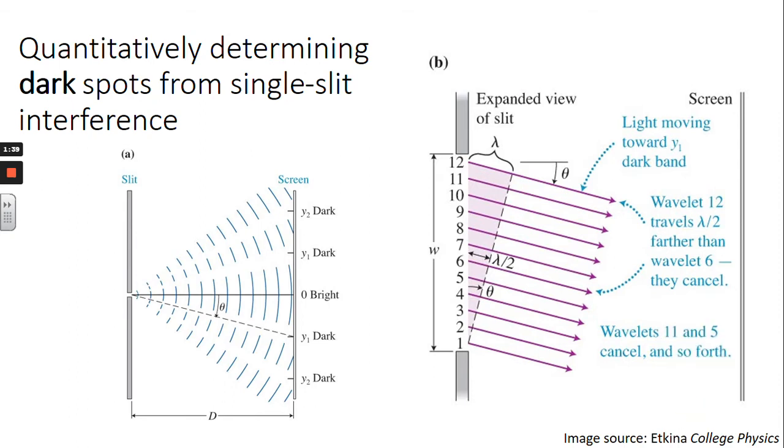Here is an expanded view of the slit, and we've numbered a certain number of those sources, 1, 2, 3, up through 12. We can see that all of our light is moving toward the y1 dark band.